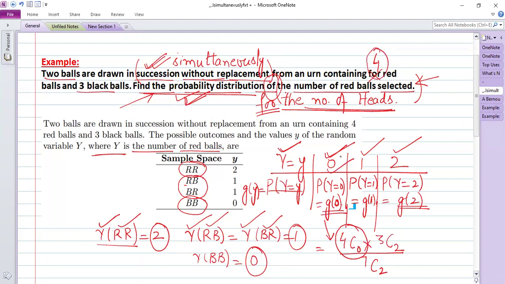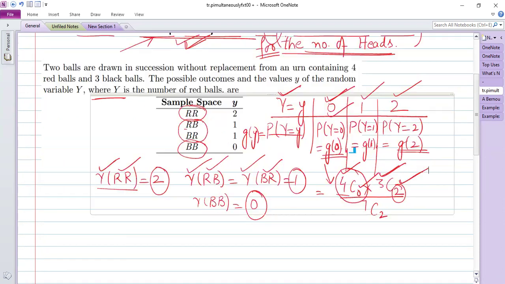How many ways are there to select 0 red balls out of 4? It is 4C0. And if there are 0 red balls, the two selected balls will be black. Two black balls out of a total of 3 black balls can be selected in 3C2 ways.